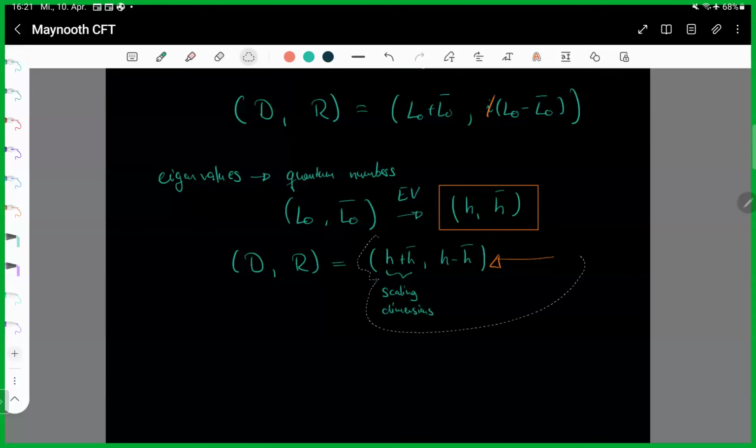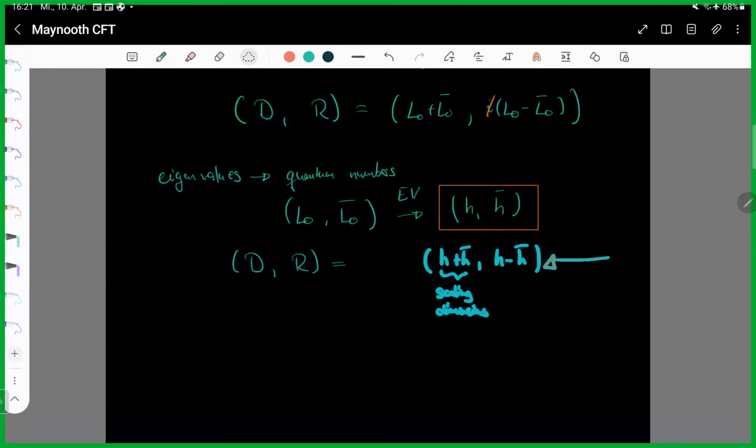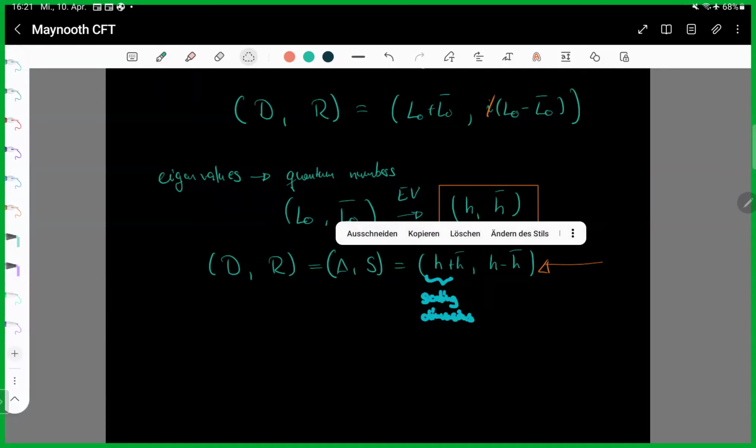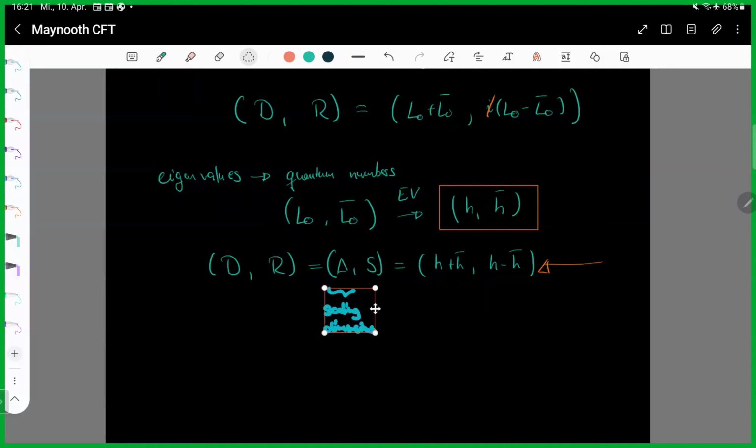So there's delta and there's S. Delta is the scaling weight and S is the spin.